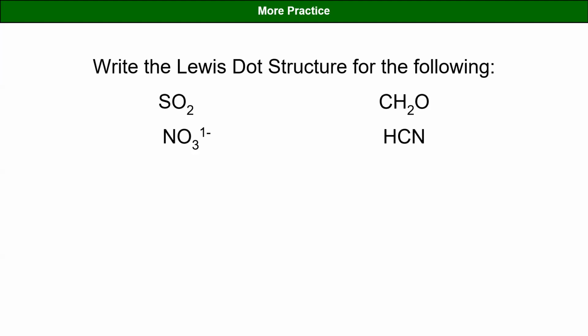Could we make these charges closer to 0 though? How? We double bond it twice. This oxygen has a minus charge, right? Which means it's got too many electrons. Sulfur's got a +1, which means it's got too few electrons.